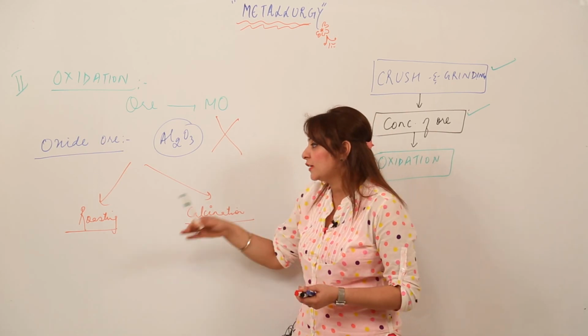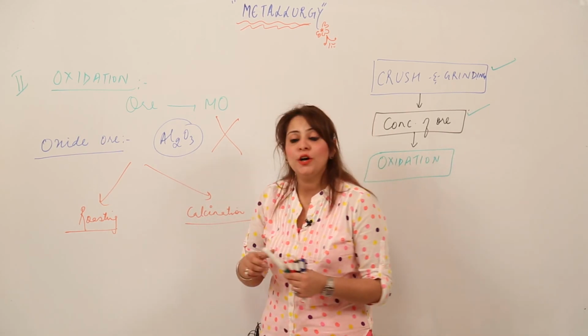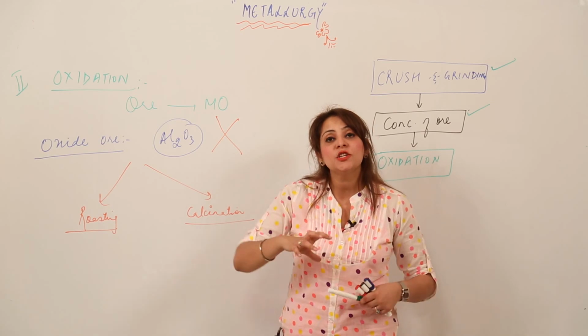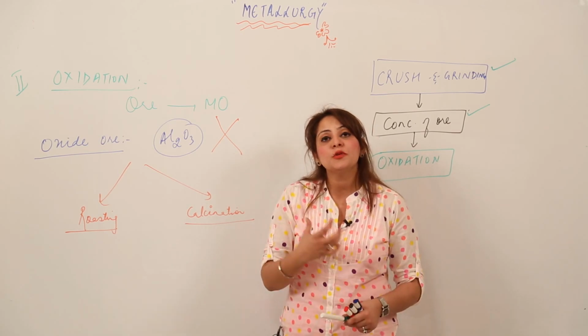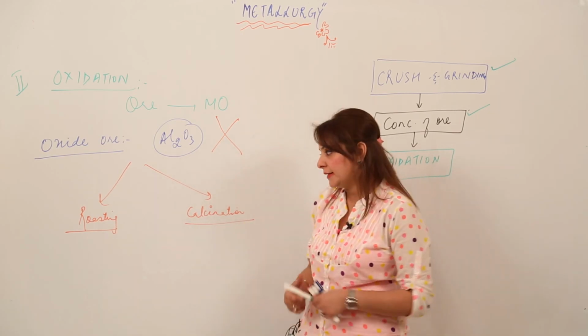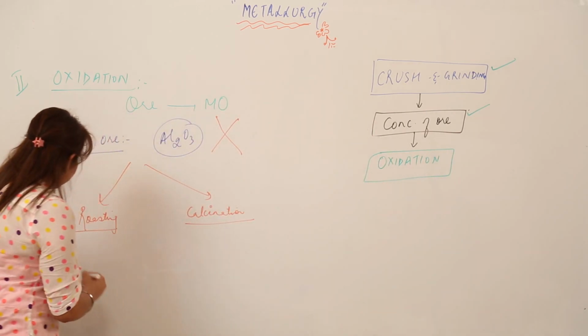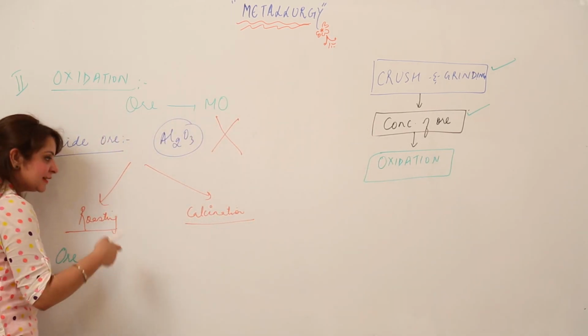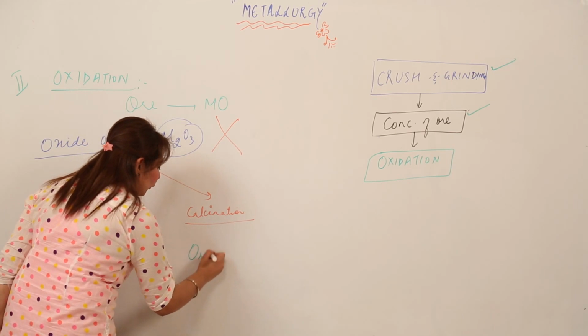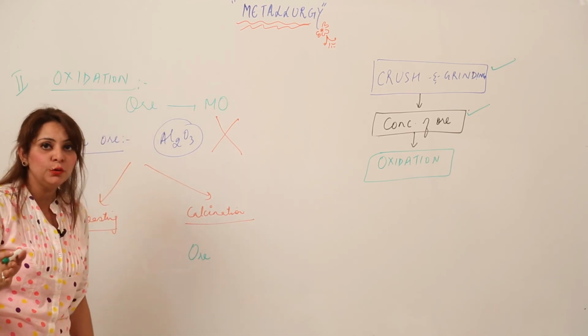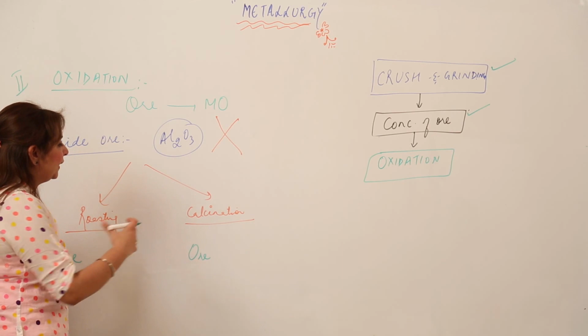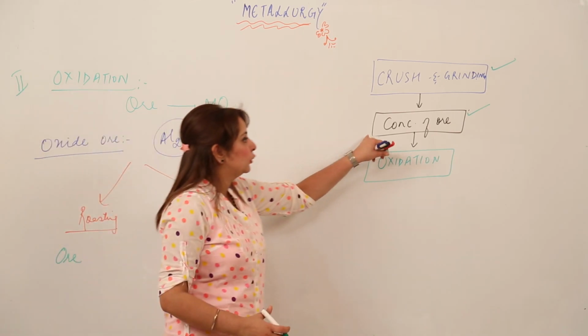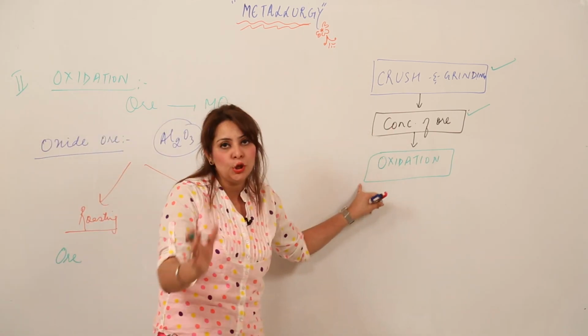So what are roasting and calcination, or what are the similarities, the general procedures which are done in roasting and calcination? In roasting, we take ore. Similarly, in calcination we take ore, and that ore should be concentrated. You know that we have to make it go through the first step, and only then can we do the oxidation, right?